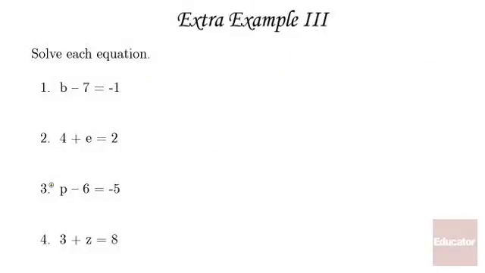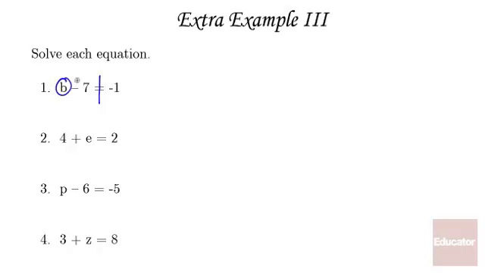To solve each equation, we're going to use inverse operations. So again, we're solving for B. If you want, you can circle it to help you know what you're solving for and helps you kind of to see what to get rid of. So I'm going to separate my sides with the line. You don't have to draw the line, but it helps to see, okay, this is the left side and this is the right side.